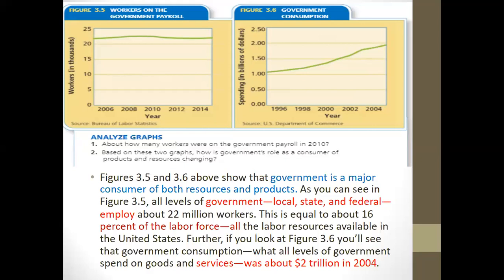Más o menos 250 millones de norteamericanos. Aquí nada, somos que 4 millones nada más. Entonces ellos representan, la fuerza laboral representa en el gobierno 22 million workers. This is an equal of about 16% of the labor force, all the labor resources available in the United States. Okay.